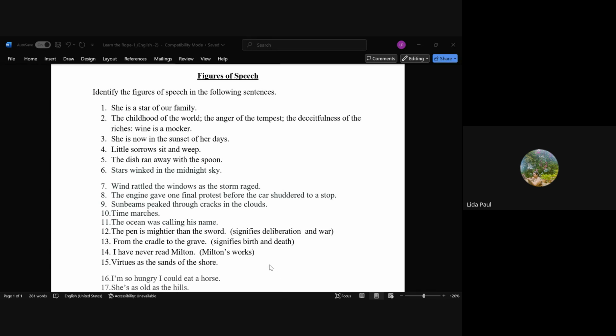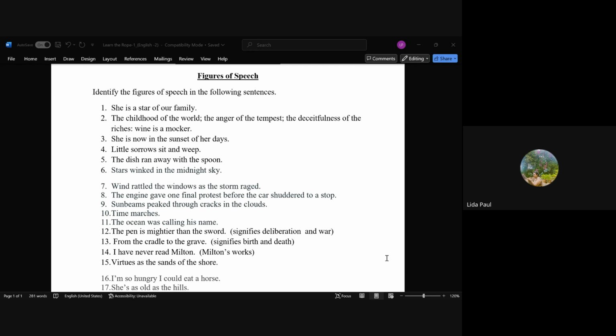Little sorrows sit and weep. Ma'am, personification. Yes, this one is personification, right? So little sorrows sit and weep. Remember, anything that takes on a human attribute and is non-human by itself will be a case of personification. So you don't have to always look for an obvious inanimate object. It's not always an object in the sense that you can touch it.